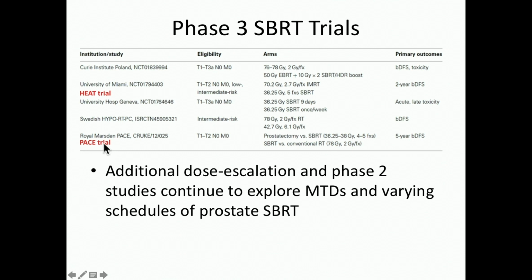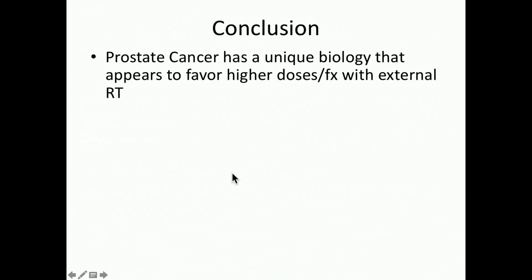In my opinion, one of the more interesting ones is from the Royal Marsden, Nick van As, the PACE trial, comparing patients who have low intermediate risk disease between prostatectomy, SBRT, and conventionally fractionated radiotherapy. Clearly, this data is going to be instrumental in helping us explore and tease out the difference in outcomes, both biochemical, quality of life, and the maximum tolerated doses.